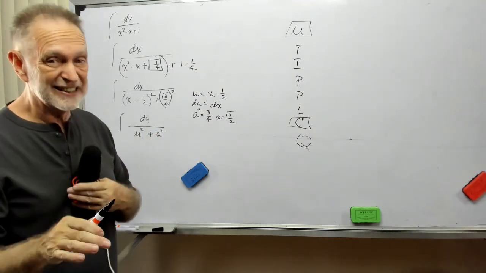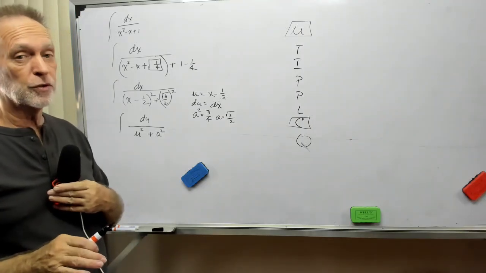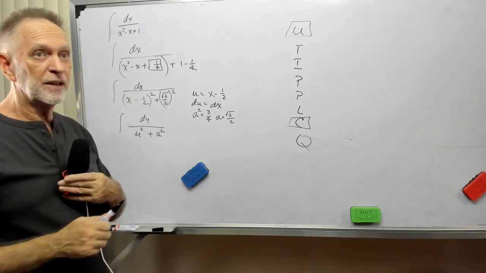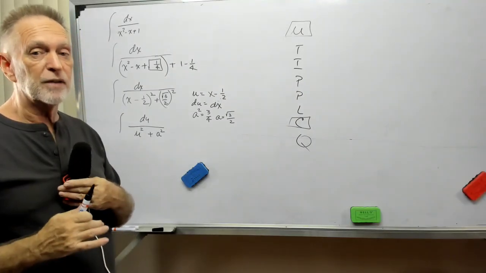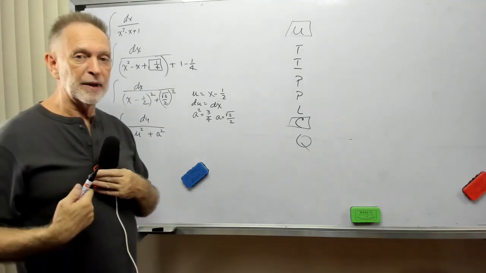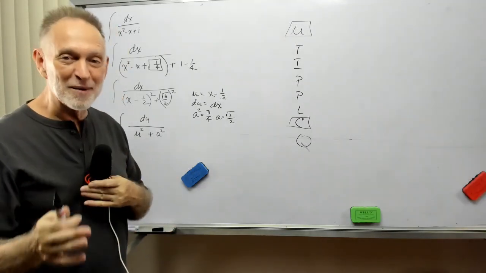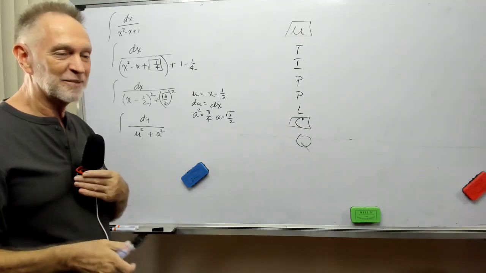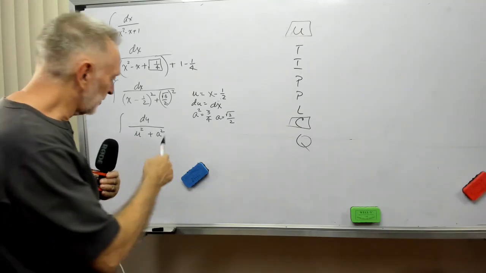Now, it's at this exact point that your teacher would want you to remember that this integral is 1/a tangent inverse u over a. Now, if you're like me, I'm 66 right now, I don't remember that. Okay, obviously I just did, but in general I forget them and I have to work them out.